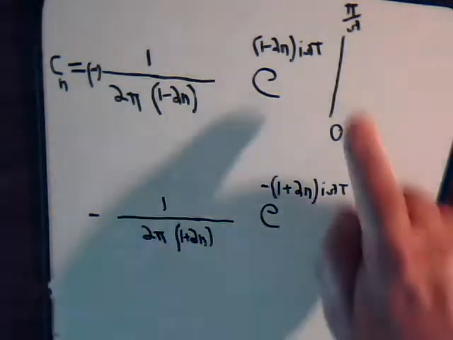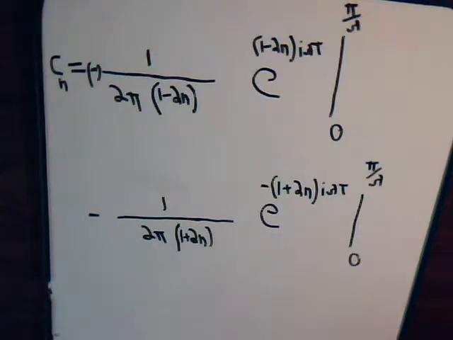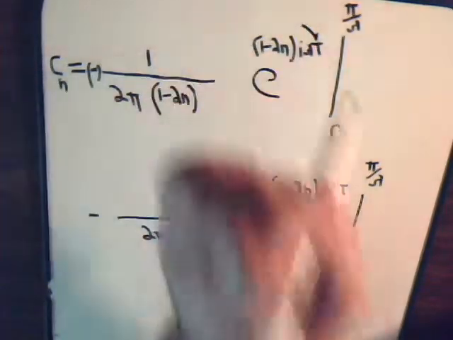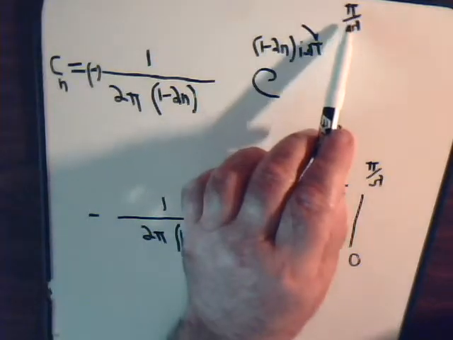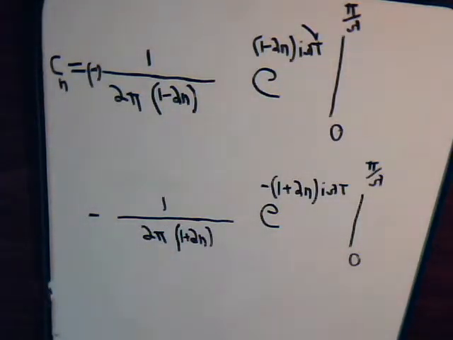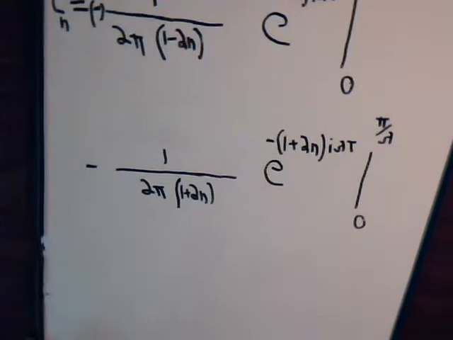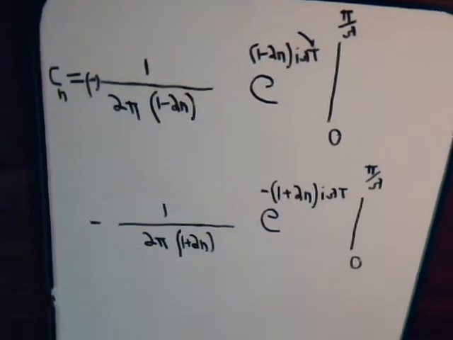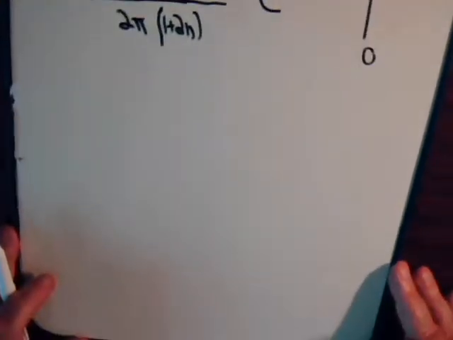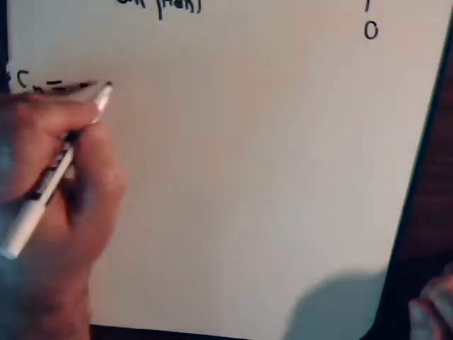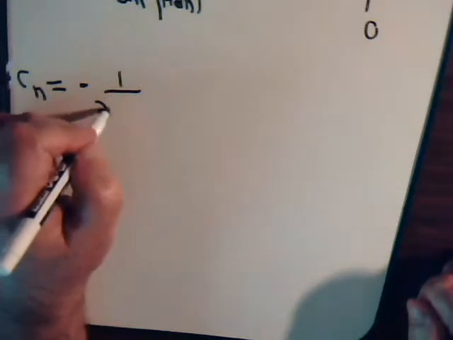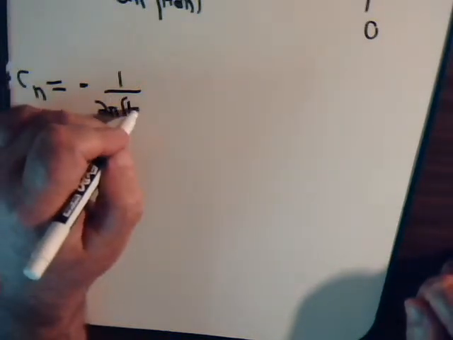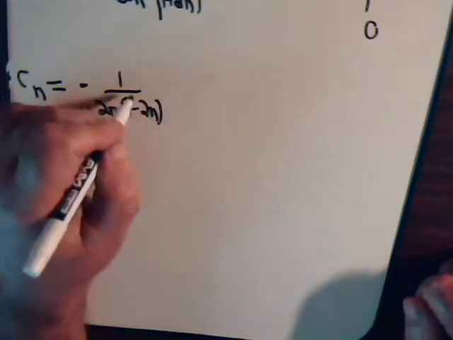Okay, now let's go up to here. t goes from 0 to pi divided by lambda. So C sub n, we want to make some room, so we have to do some visual footage. We have C sub n equals minus 1 over 2 pi times 1 minus 2n.